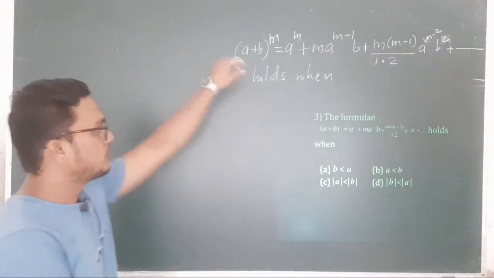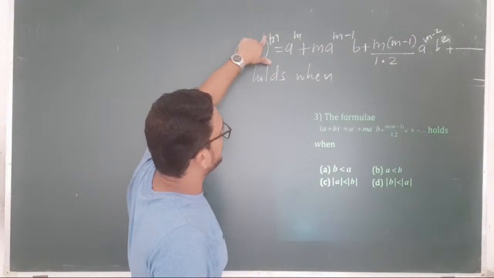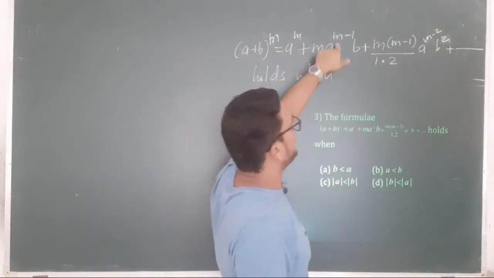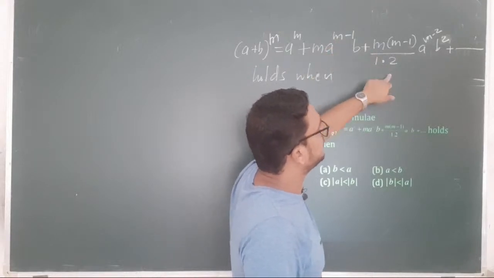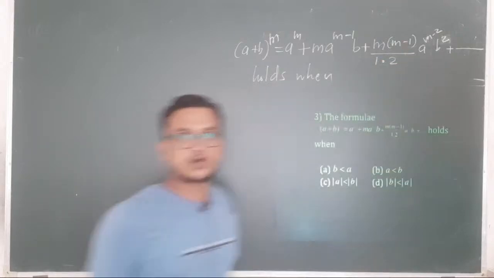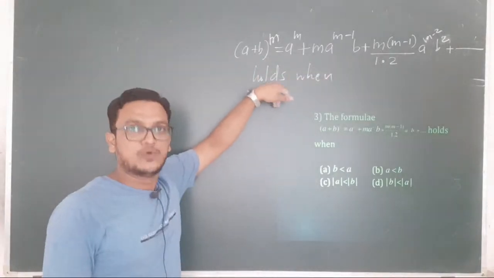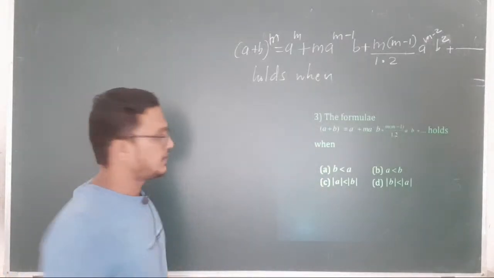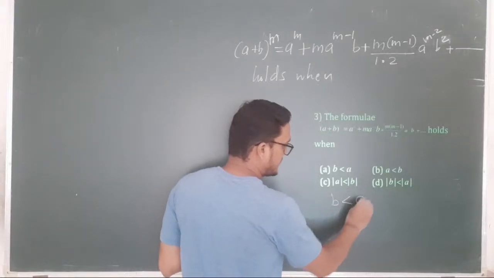See what the question is: the formula (a + b) to the power m is equal to a to the power m plus m into a to the power m minus 1 into b plus m into m minus 1 divided by 1 into 2 into a to the power m minus 2 b square plus so on. So this expansion holds when, the options are, I think options are visible. First option is b is less than a.